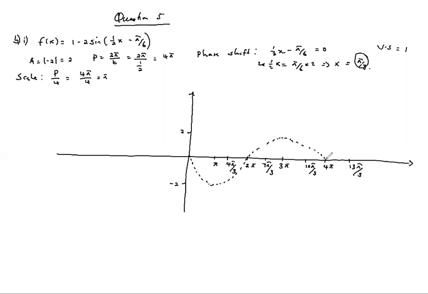And then we shift this graph to the right by pi over 3 steps. So here also we need pi over 3 from 0.